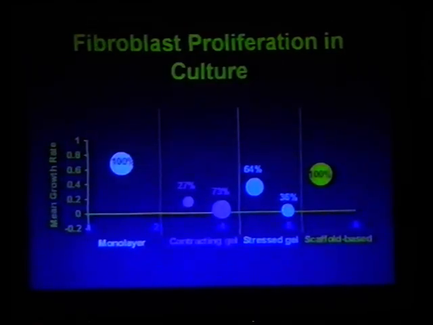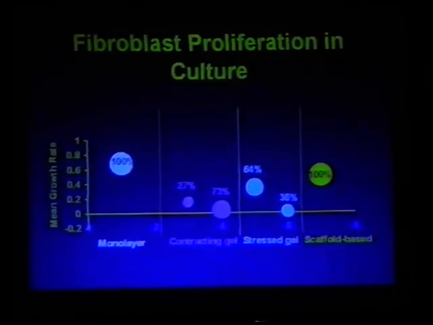So if we look at cell proliferation in monolayer, now this is looking at the mean growth rate in a monolayer culture, and this was done using PKH26, where you could distinguish between different populations of cells. In monolayer culture, you find that all the cells are growing at quite a high rate. In a collagen gel, the majority of the cells are barely proliferating at all, and a minority of them are proliferating at a small rate.